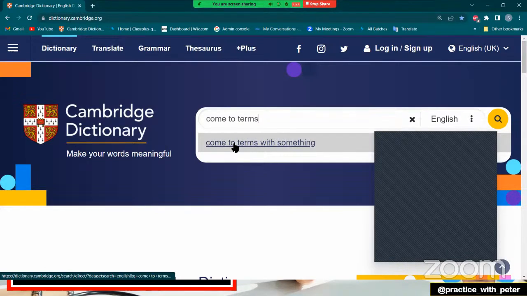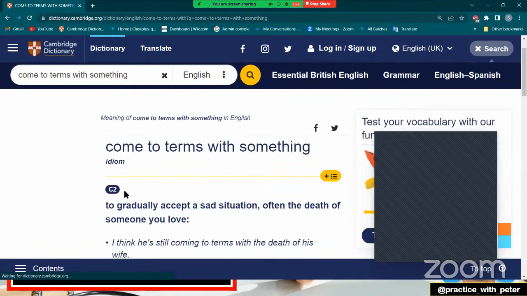Come to terms with something is C2 vocabulary you should understand. Come to terms with something means accept the reality. We have to accept the reality.